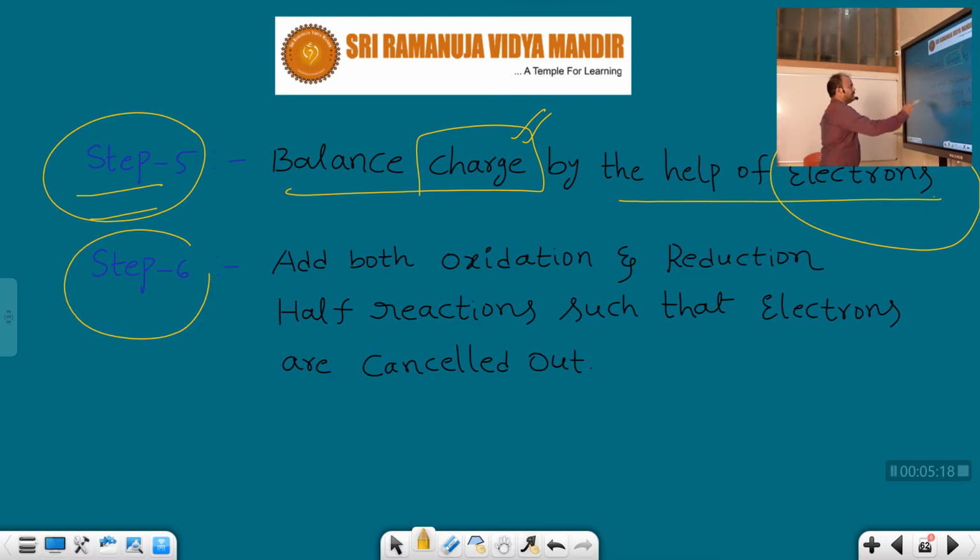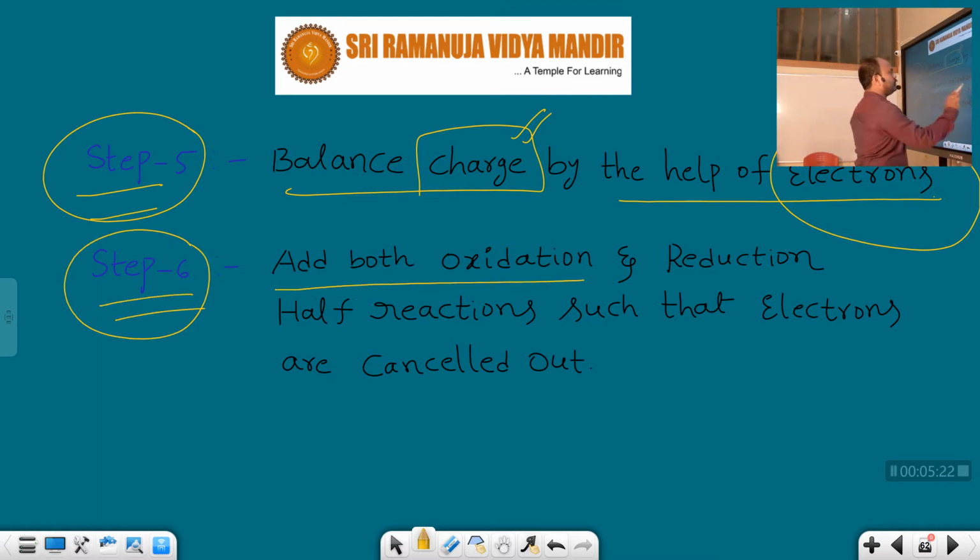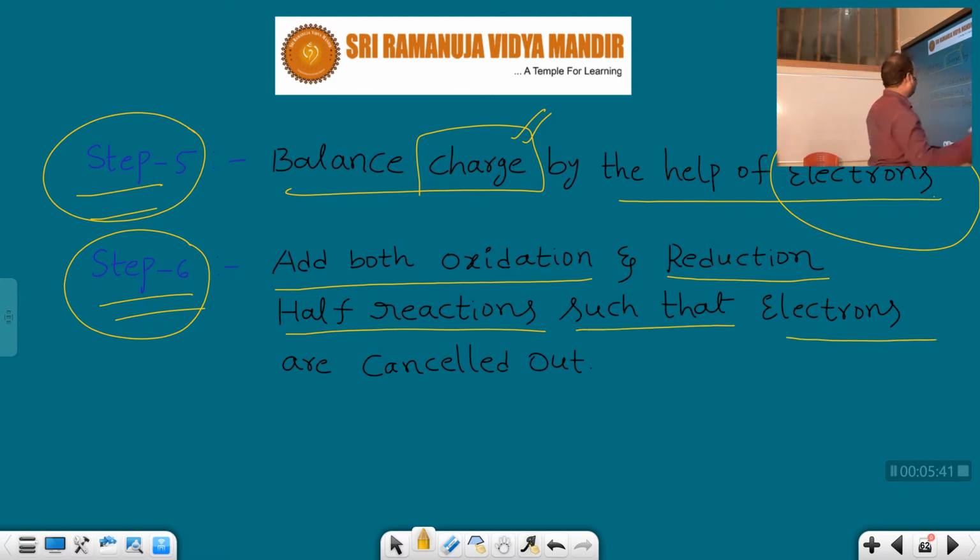Next, the sixth step. Add both the oxidation reaction and the reduction reaction. Initially we bifurcated, or divided, into two parts, the oxidation reaction and the reduction reaction. Add both of these such that electrons are cancelled out.